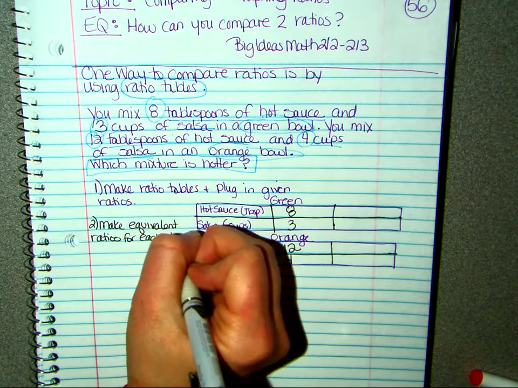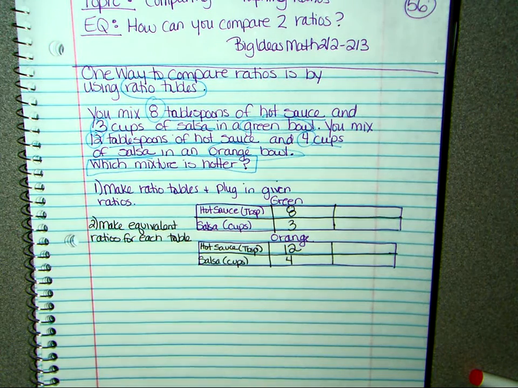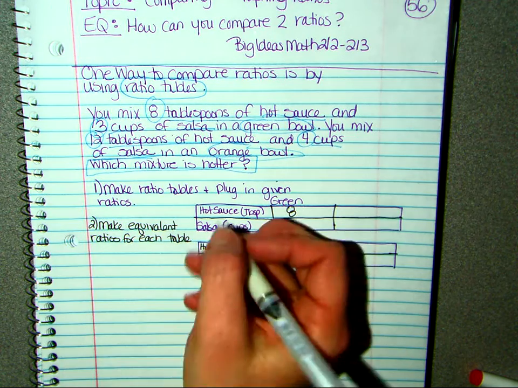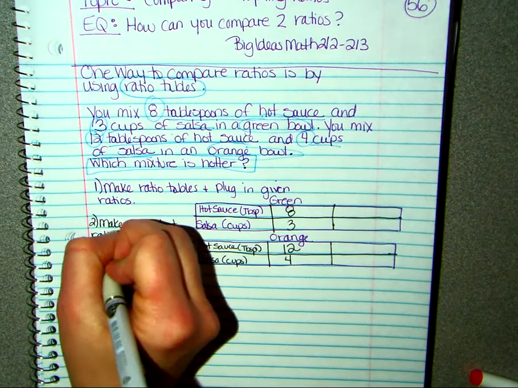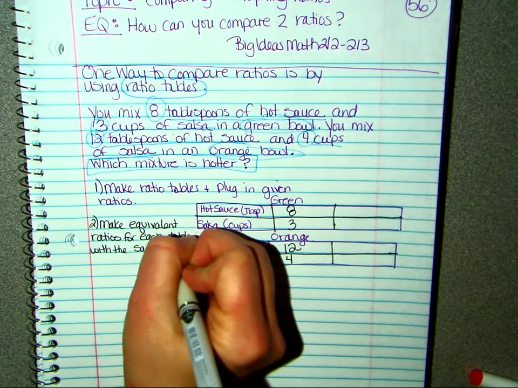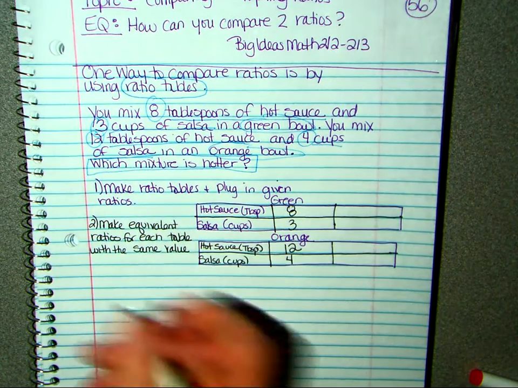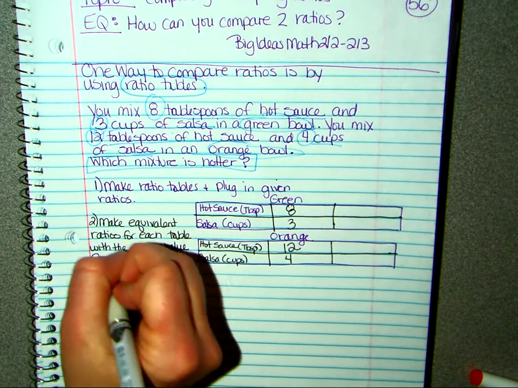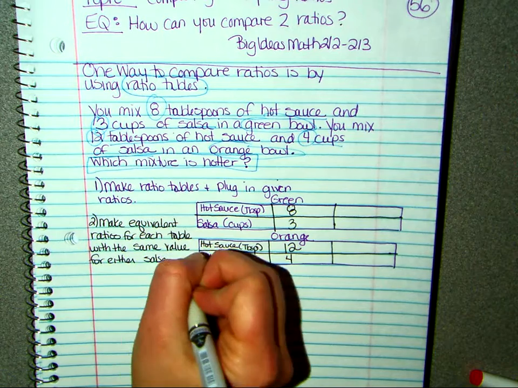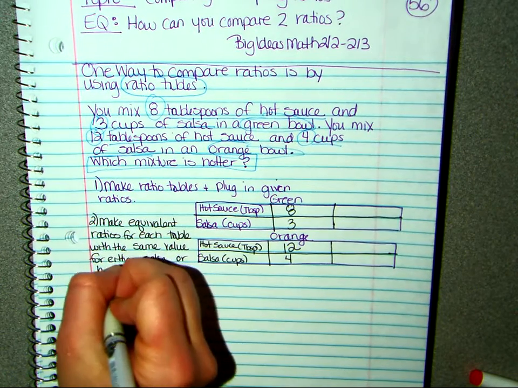And to do that, you want to make sure that for each table, it has the same value for one or the other units, so for either salsa or hot sauce.